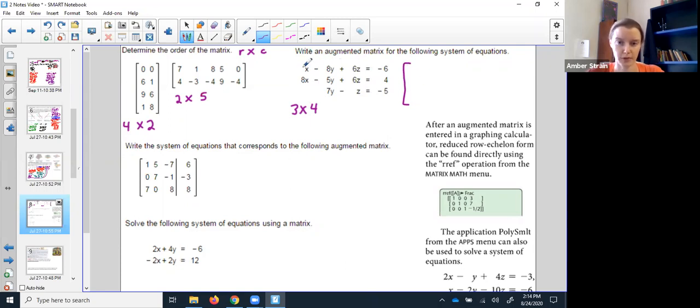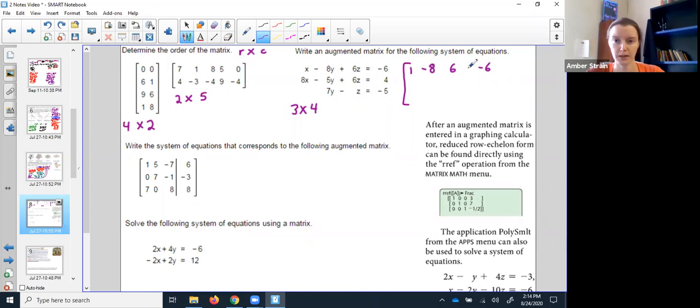So remember the ninja numbers, the coefficient of this x right here would just be the understood 1 in front of it. There is 1x. There are negative 8 y's, positive 6 z's, and then that is equal to negative 6.